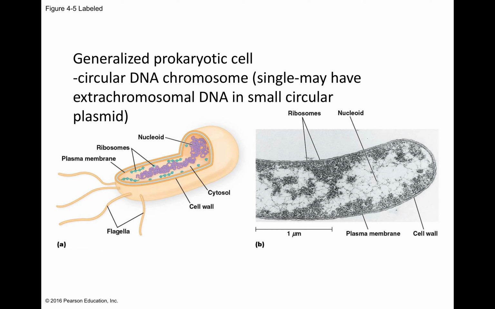One more thing about this. In addition to the giant circular chromosome that's all folded up, there can be an extrachromosomal piece of DNA called a plasmid that can carry genes and do functions for the bacterium. A lot of antibiotic resistance genes are carried on plasmids.